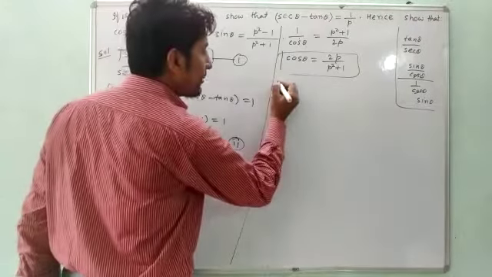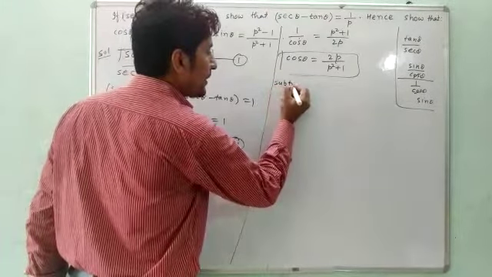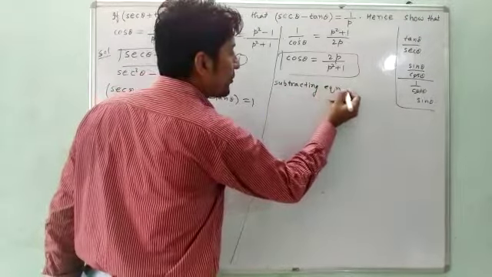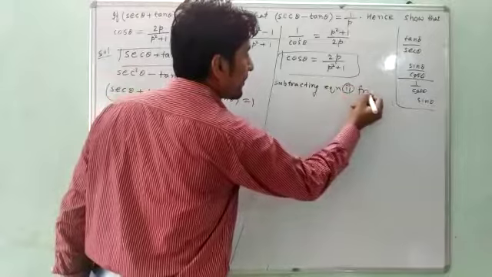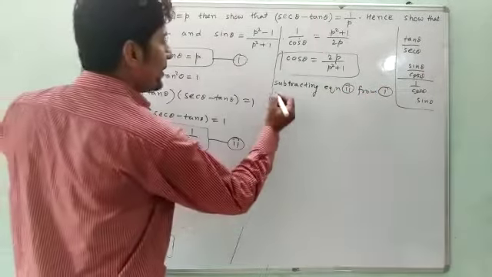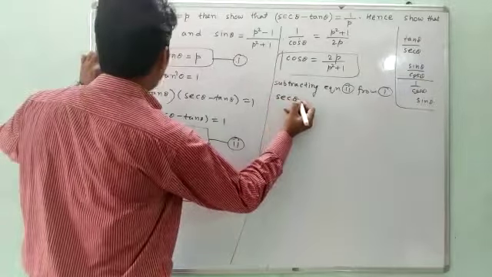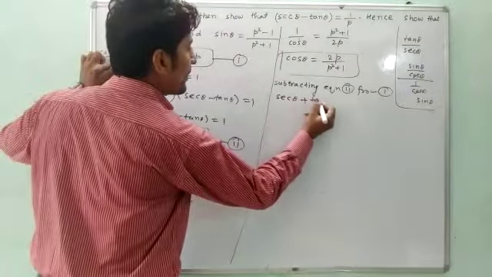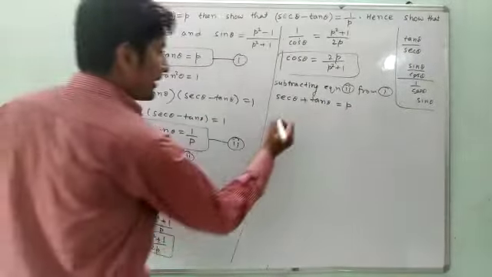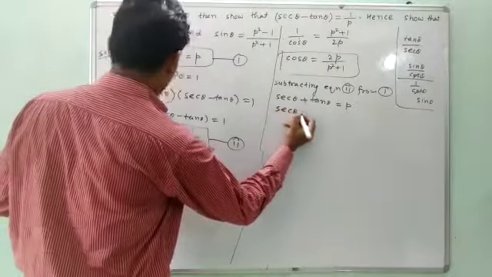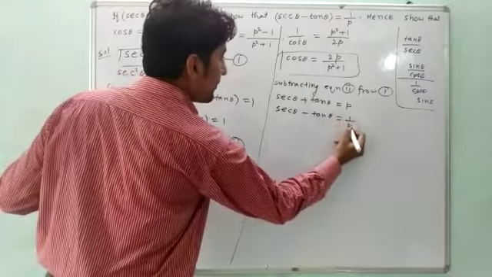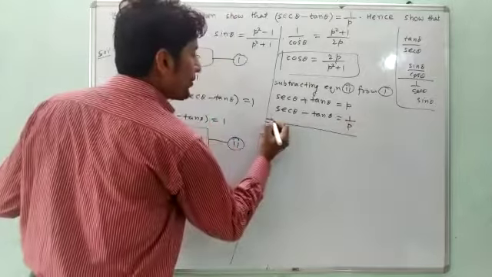This time we are subtracting equation 2 from equation 1. So what is equation 1? That is sec theta plus tan theta equals P, while the second equation is sec theta minus tan theta equals 1 upon P. Now we are going to subtract these two equations.